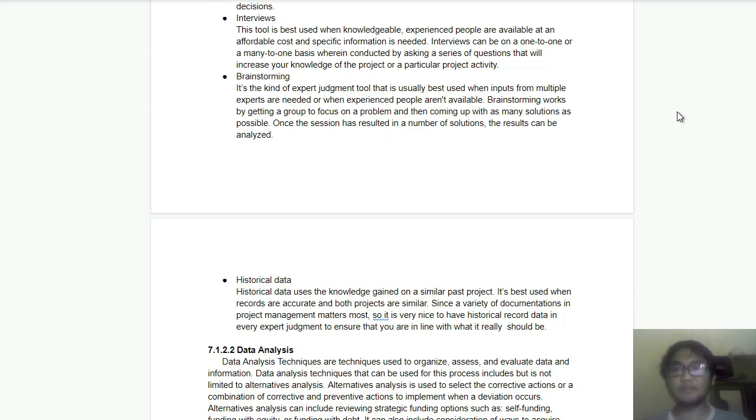Then brainstorming is a kind of judgment tool that is usually used when inputs from multiple experts are needed or when experienced people aren't available. It's when we get a group to focus on a problem and then come up with as many solutions as possible.